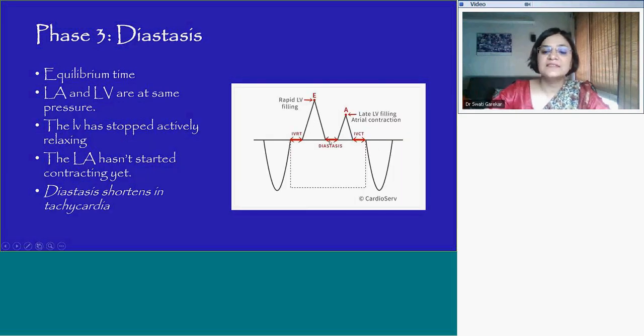Phase 3 is diastasis. Remember, when the LA and the LV pressures are the same, hardly any flow is happening. The atrium hasn't started contracting yet, and whenever there is tachycardia, or in most of our pediatric population, diastasis is very, very short.